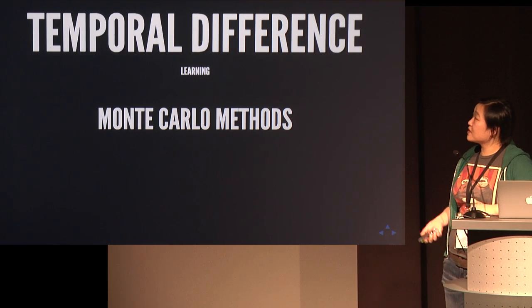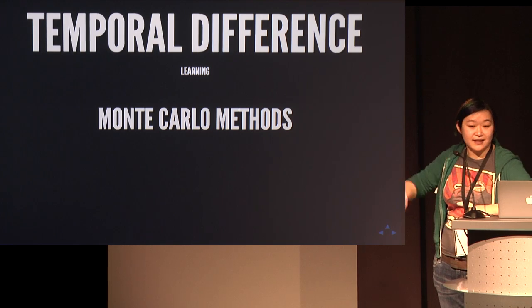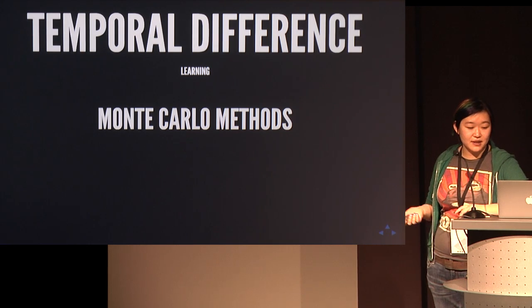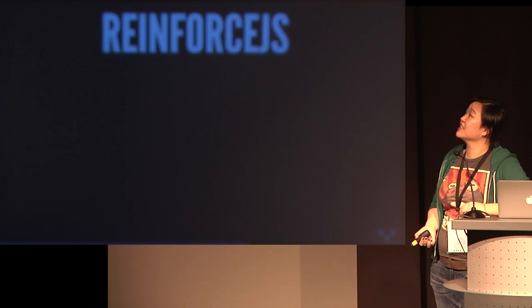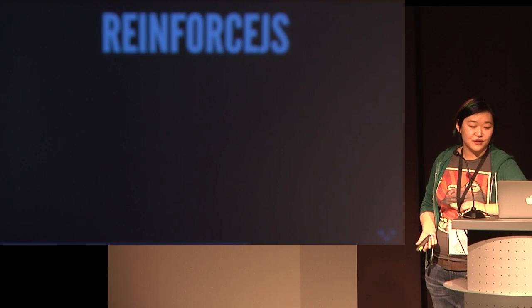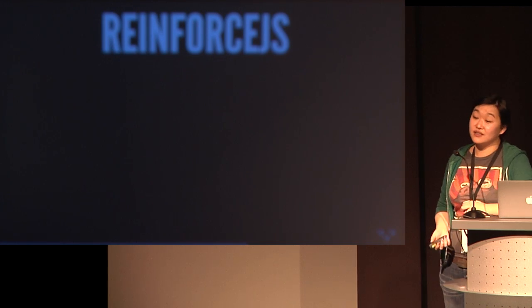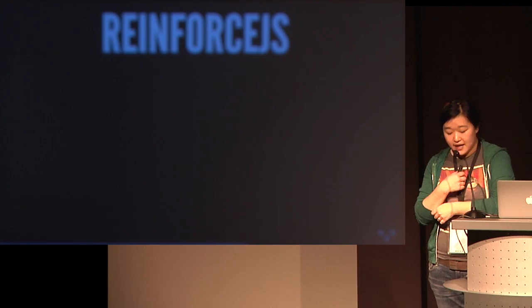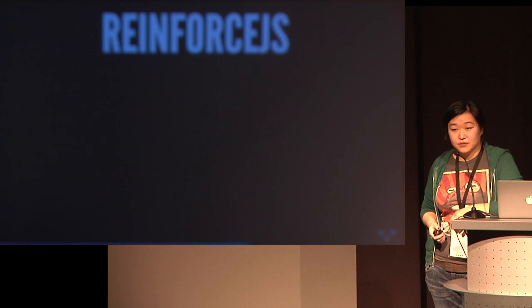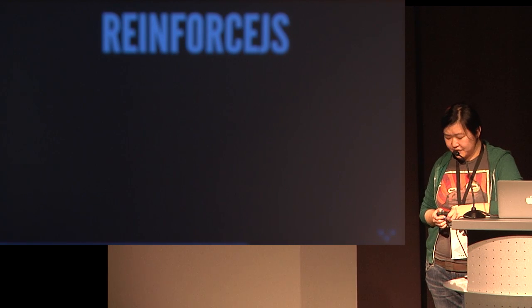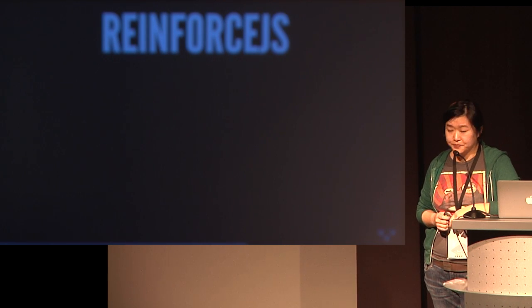All right, so I Googled, like any good developer would do, and what I found was a library called Reinforce.js. Yes, there's actually a reinforcement learning library for JavaScript, which is pretty awesome because it also runs in the browser. Reinforce.js was written by a guy, I forget his first name, but his last name is Karpathy.